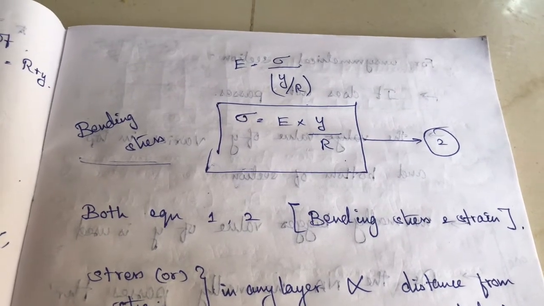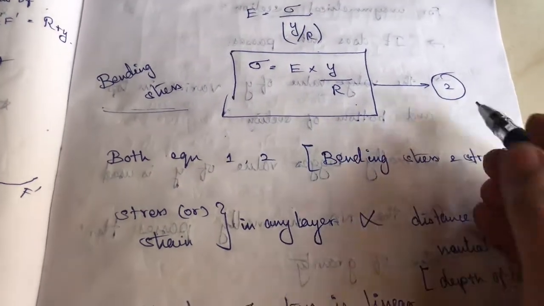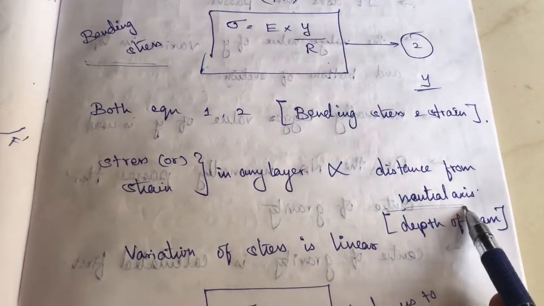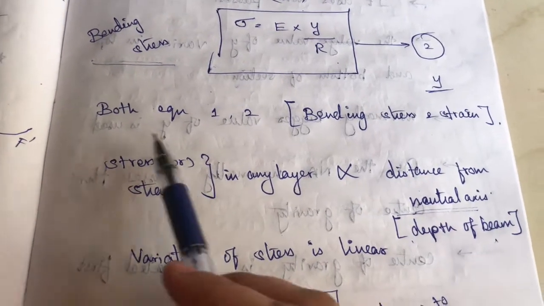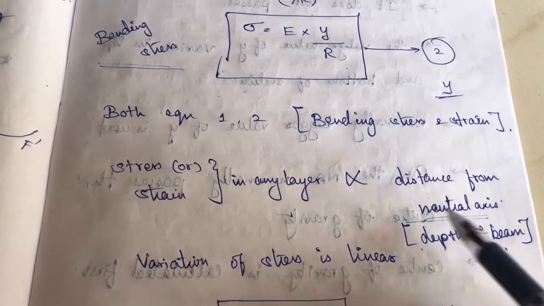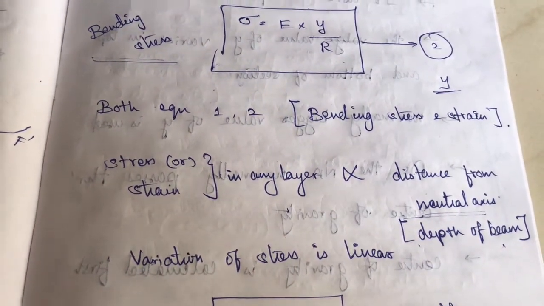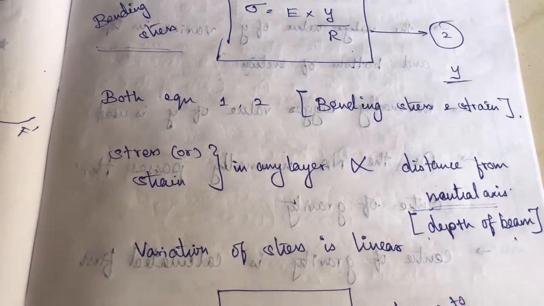So from these two equations, strain and stress are directly proportional to y, the distance from the neutral axis, or we can say the depth of the beam. So the stress and strain of any layer is directly proportional to the depth of the beam, or the distance from the neutral axis.